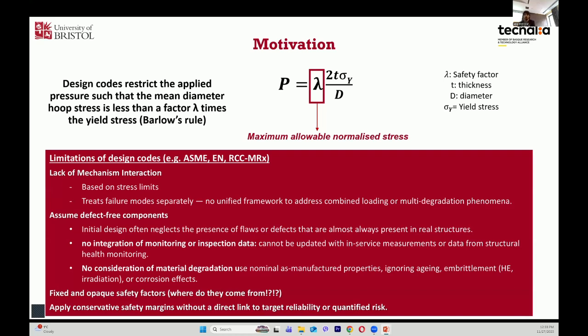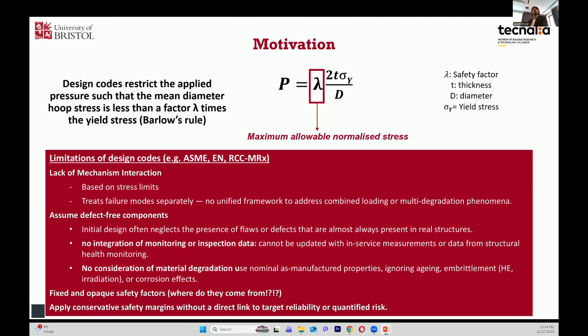But unfortunately, codes, as I said, have some limitations. They are based on stresses. There's no clear interaction between mechanisms, corrosion, and embrittlement. How do you actually follow the evolution of the material properties? Interaction of, as I said, multi-axial stress states. Some of them, or most of them, don't really include defects.